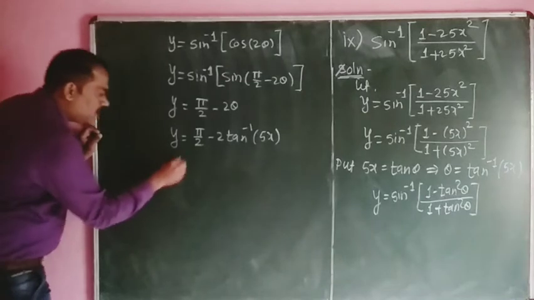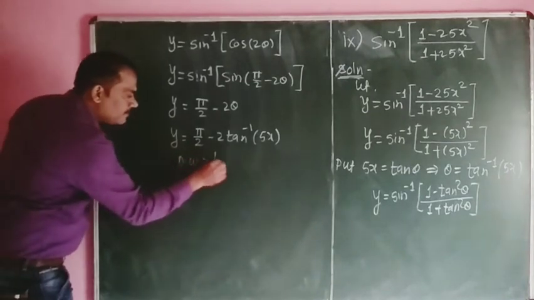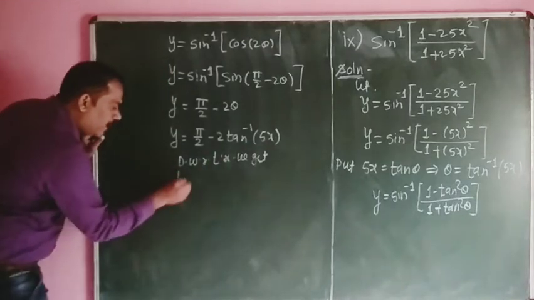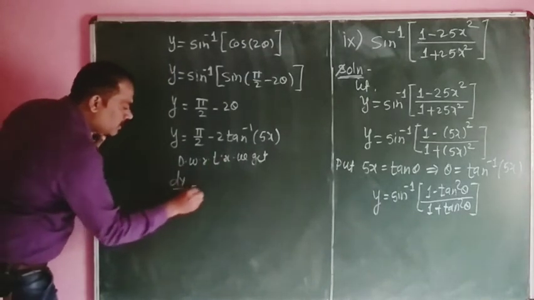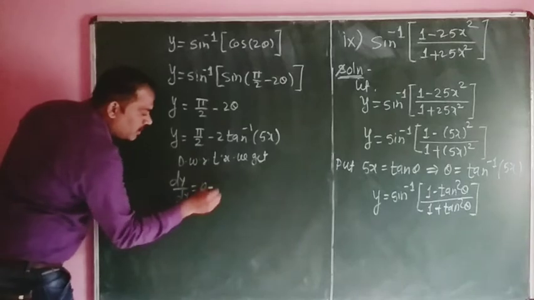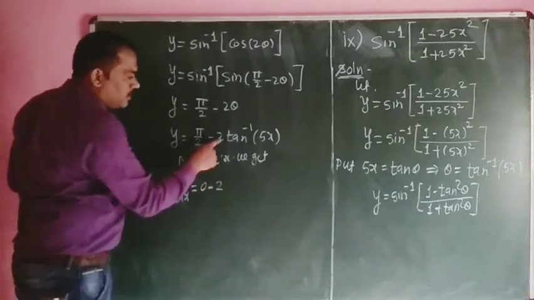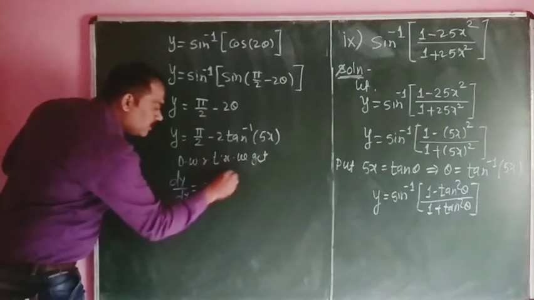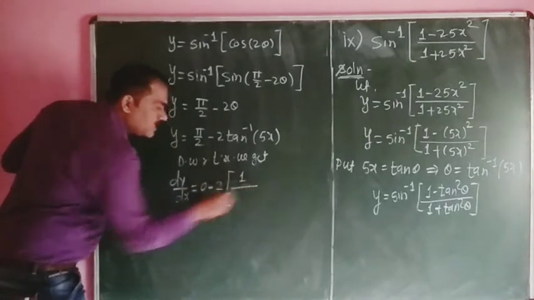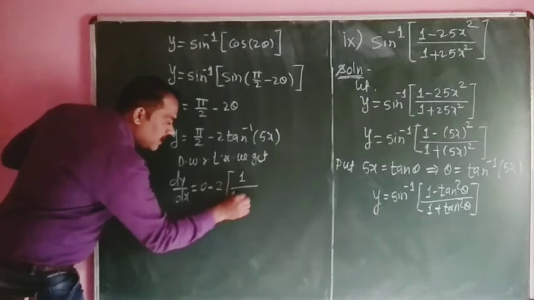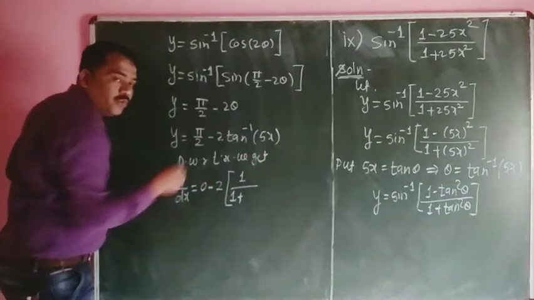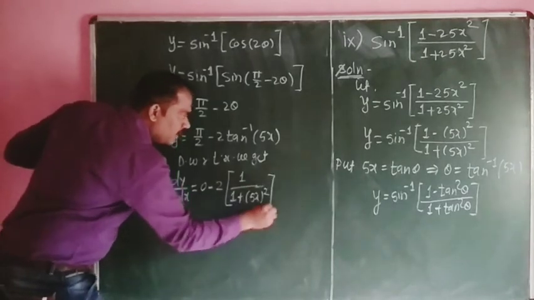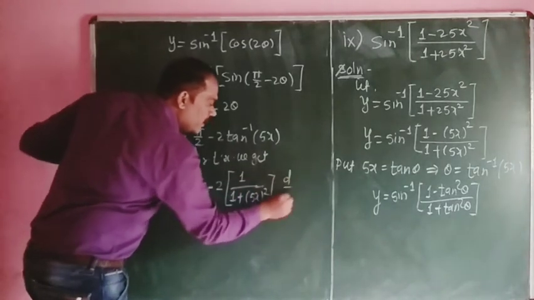Now we have to differentiate with respect to x. We get dy by dx is equal to, the derivative of pi by 2 is 0, minus 2 into, 2 is a constant, we take it outside. Now we take the derivative of this tan inverse. Derivative of tan inverse x is 1 upon 1 plus x square. Instead of x we use 5x, that is 5x bracket square into d dx of 5x.